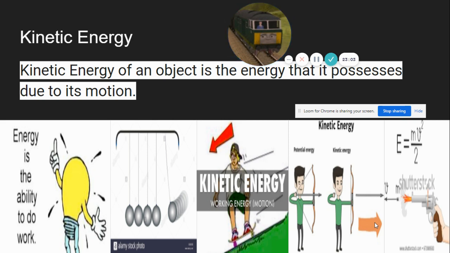So E equals mu squared divided by 2. This is the answer for a gun that has that movement in common. That's what a common one actually looks like.